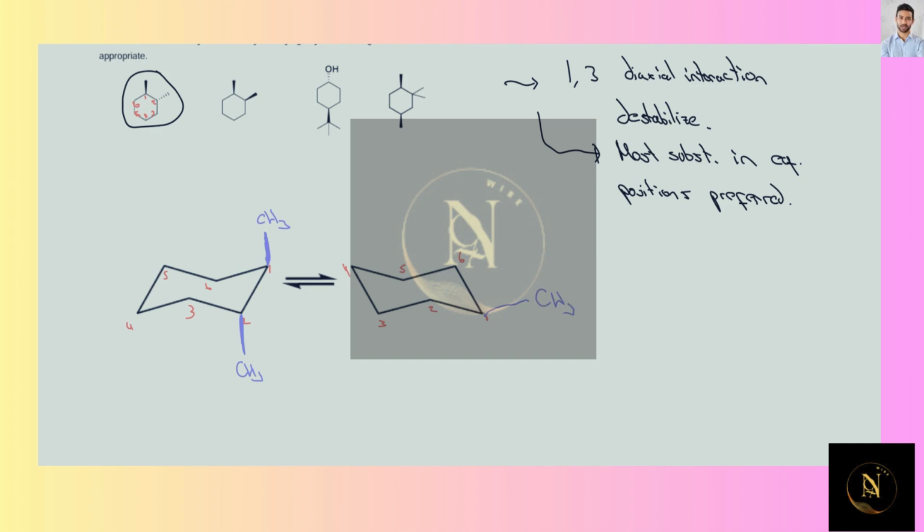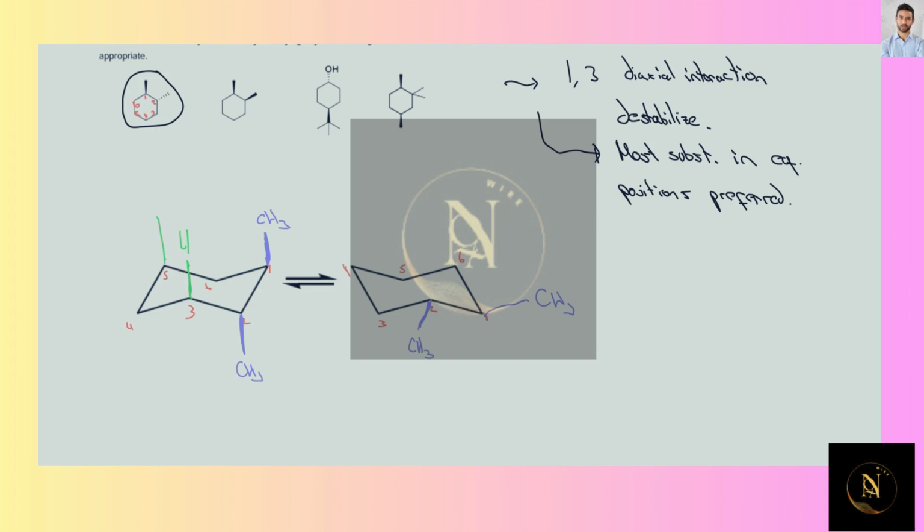And on carbon 2, we're also going to have, in this case, an equatorial looking down position, which is normally written as such, CH3.